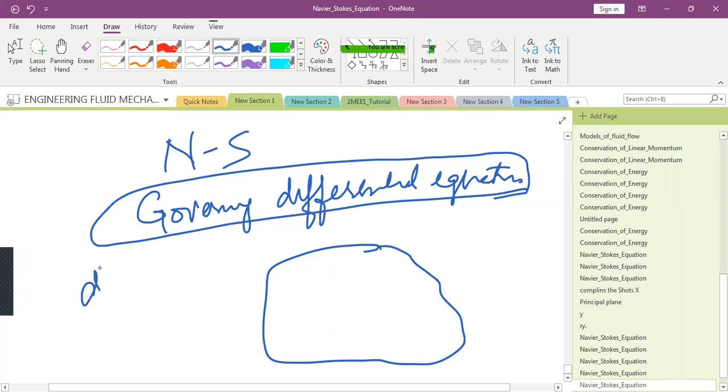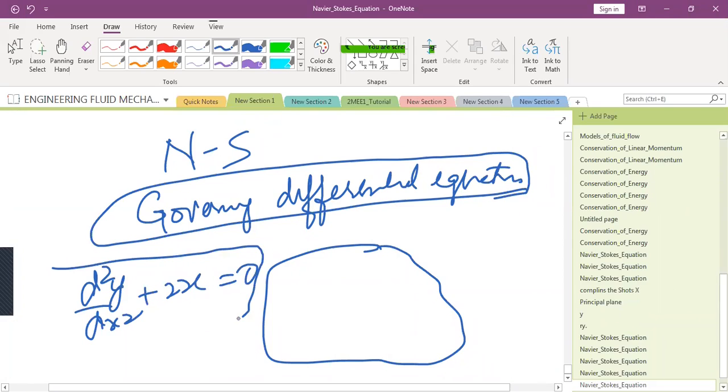If I ask you d squared y by dx squared plus 2x equals 0, is this sufficient to solve the entire equation, or is some more information required? Initial conditions have to be given. So you require what? Boundary conditions. Yes, boundary conditions.